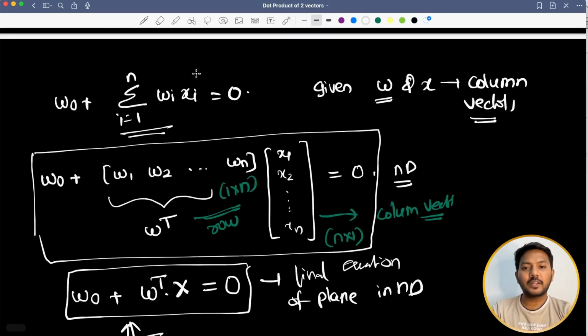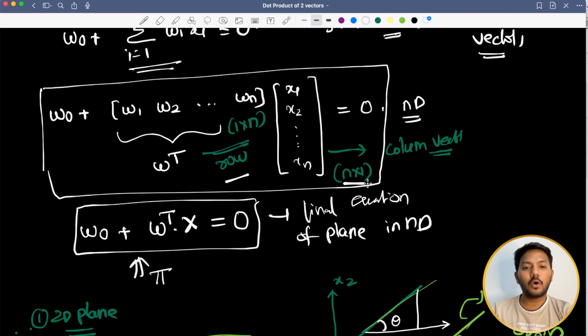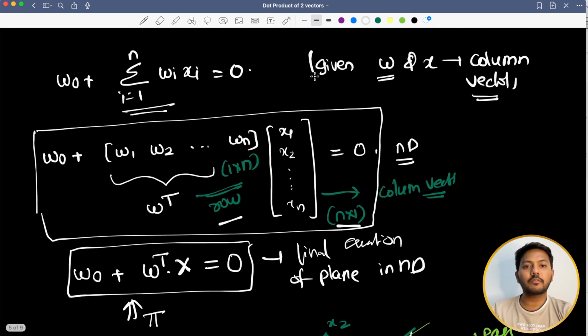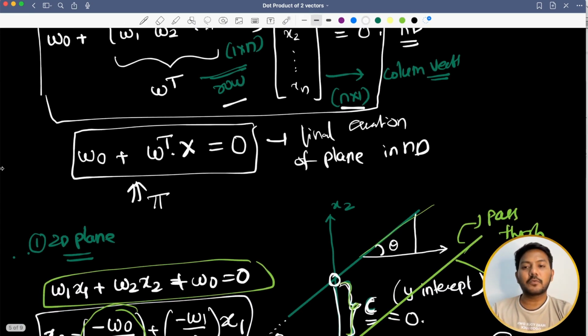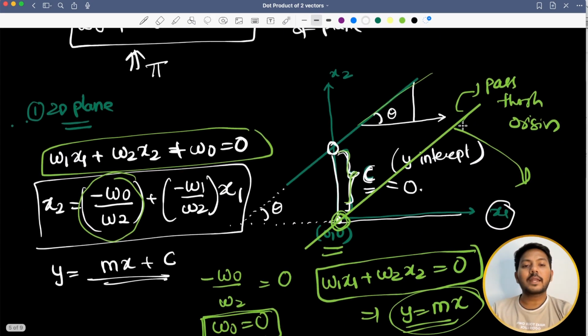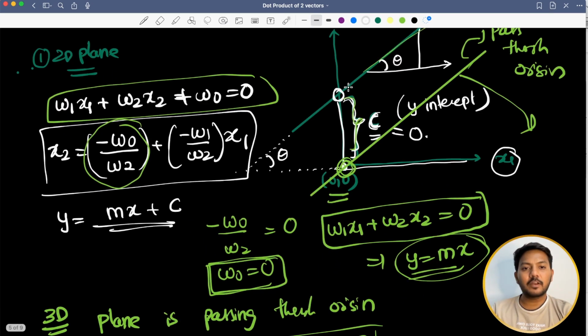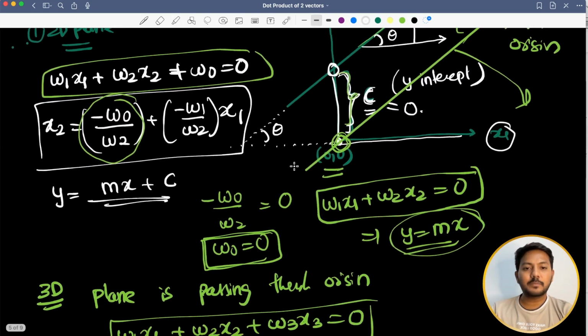Then we converted this into vector multiplication. We have a row vector and a column vector, and whenever we don't specify anything, we assume both of them are column vectors. So this equation of a plane would become w0 plus w transpose x equal to 0. Then we saw what happens when a line or plane passes through the origin: the intercept becomes 0.